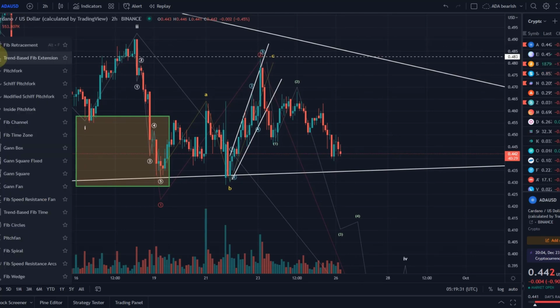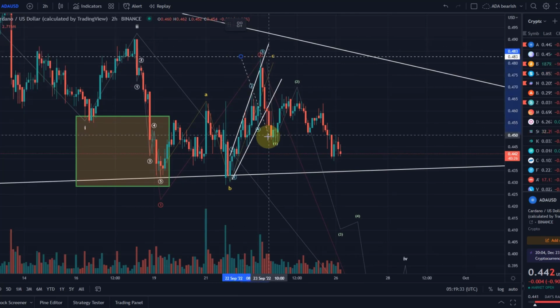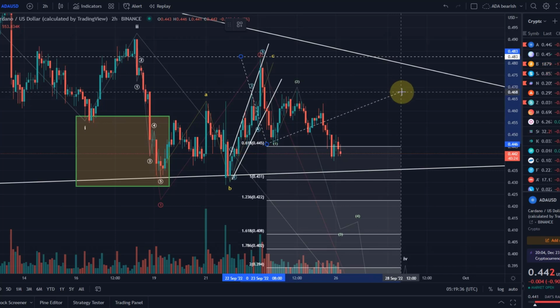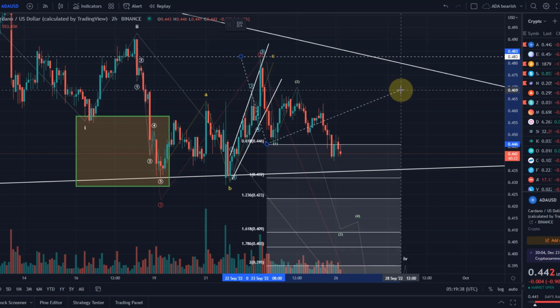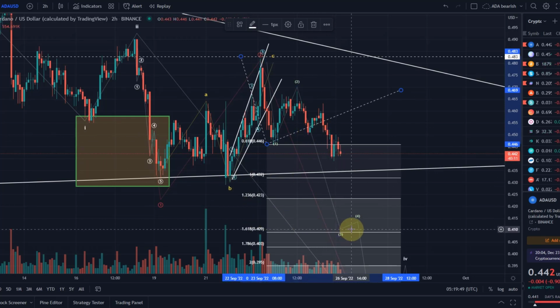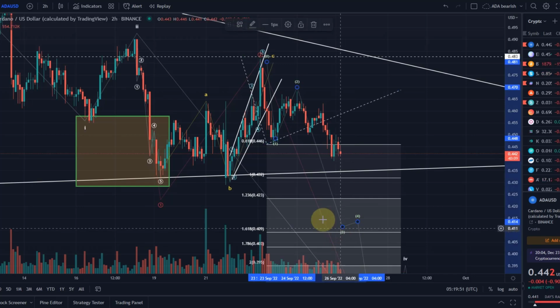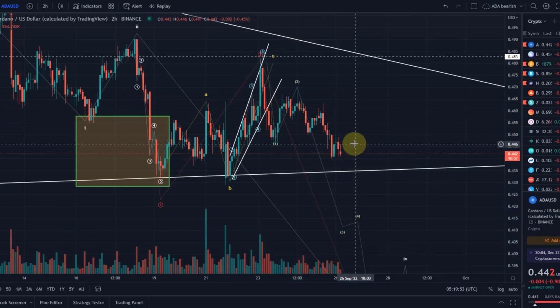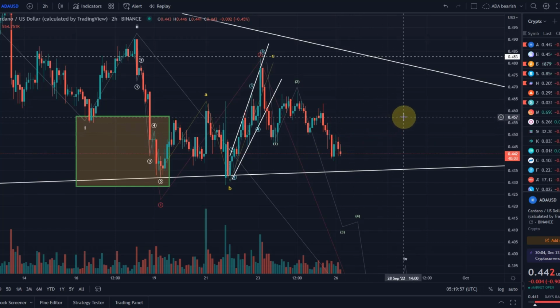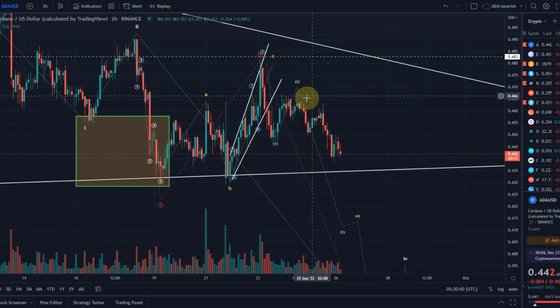Target for the third wave, I think I mentioned that in the previous video, but let's just try that again. Target will actually be, if I move the wave 2 here, which I think is now the most reasonable assumption to make, because we lost the swing low here at 45 cents as well, it would be around 41 cents. Target for that wave 3, which means what is unfolding here is probably a diagonal pattern.